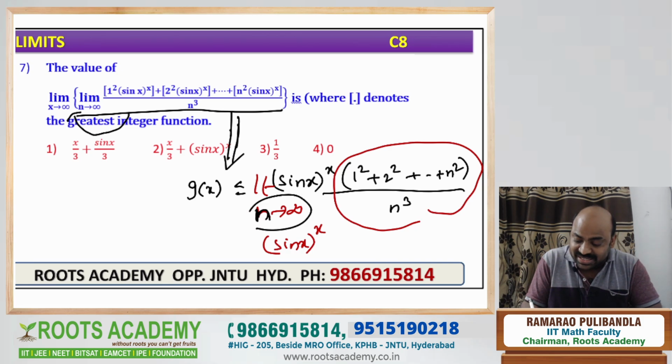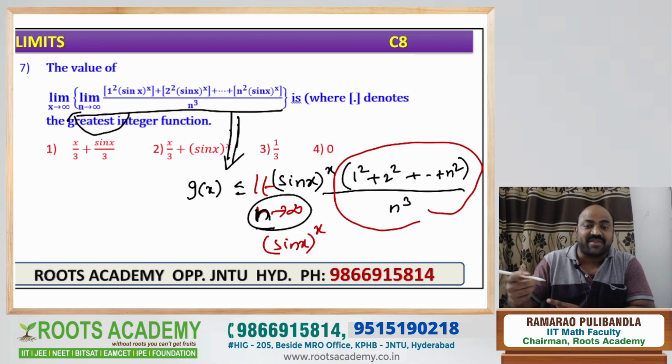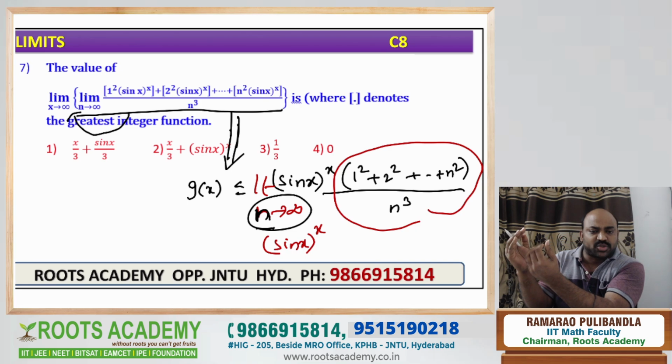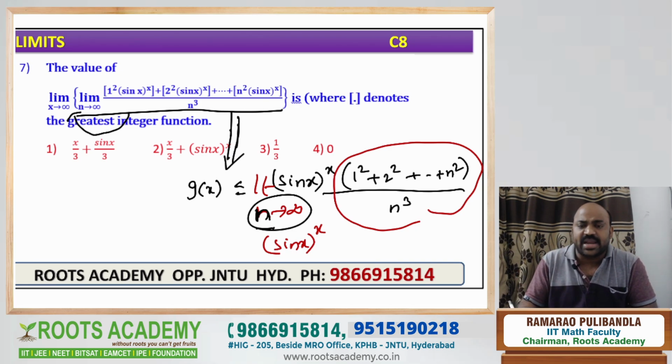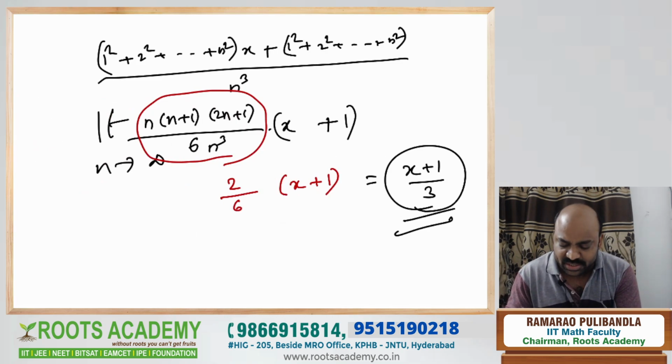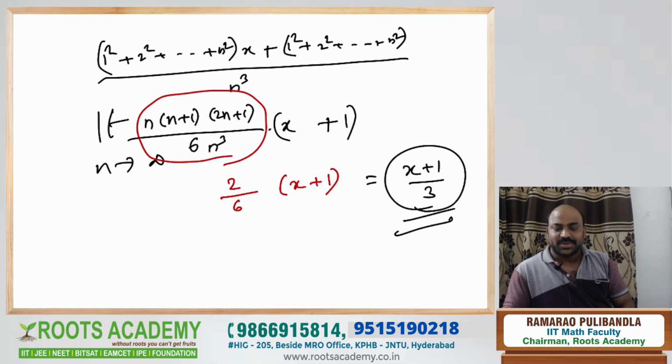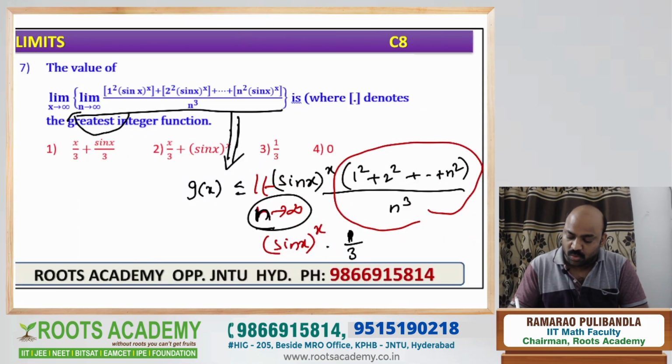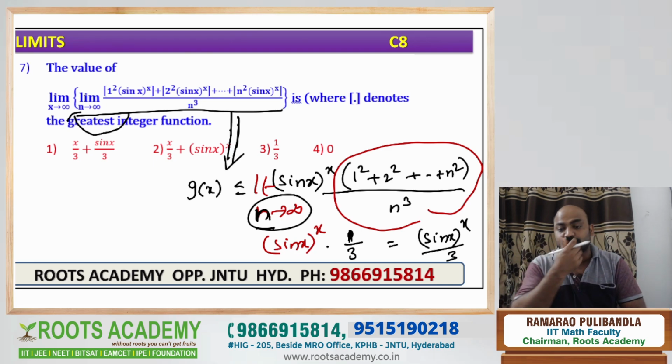Because here n is tending to infinity. n is the variable, x is the constant. So I am taking that x out. So sin x whole power x into how much is this? 1 by 3 only. Till now we did this type of model. Just now we did this model. This is nothing but 2 by 6, which is 1 by 3. So now for this fellow, whatever you got, sin x whole power x by 3, for that you have to apply limit.